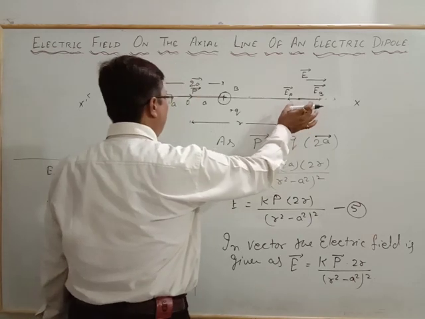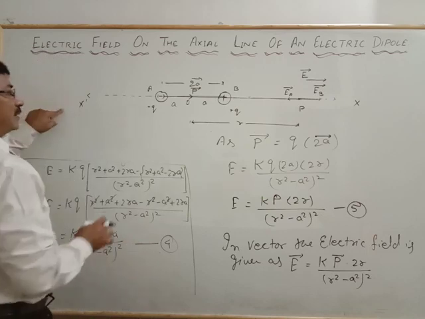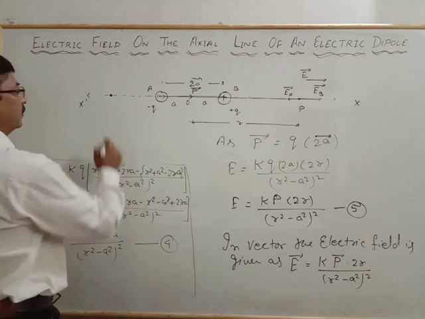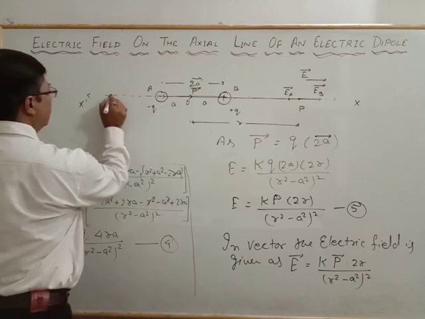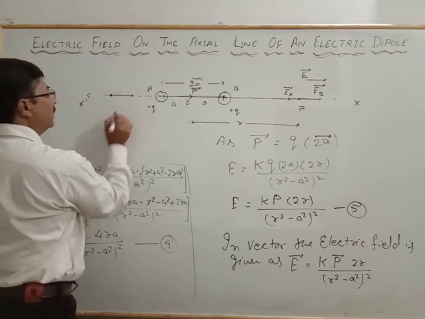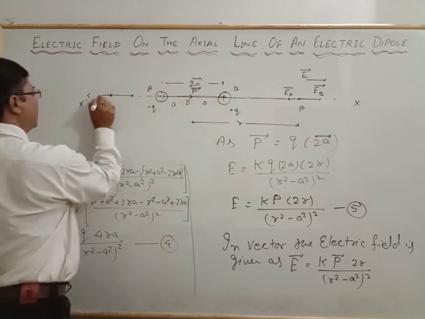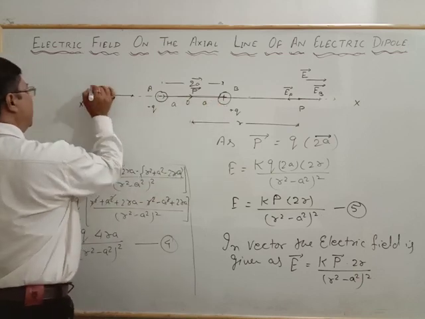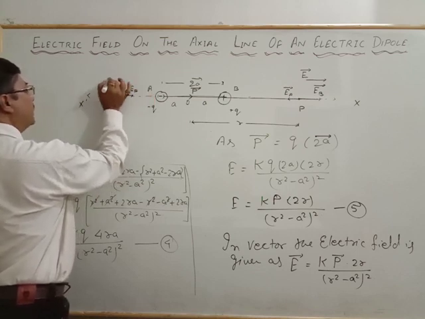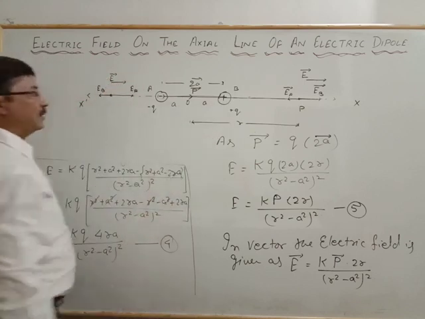Not only if we consider along the x positive, if we consider along the negative also, and the point is suppose here, in that case also the field intensity towards the negative is greater, while that of the positive is less. Here on this side, EB is smaller compared to EA. So the net electric field direction is along the dipole moment.